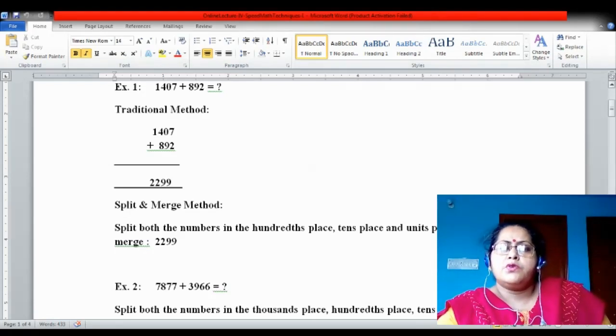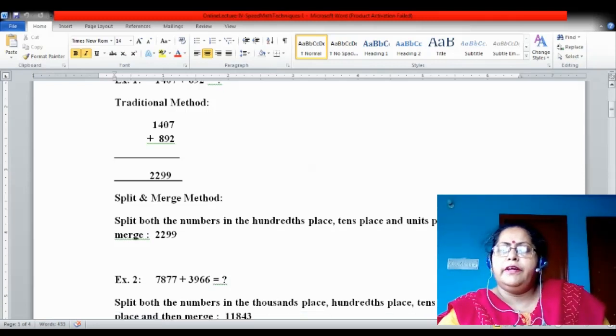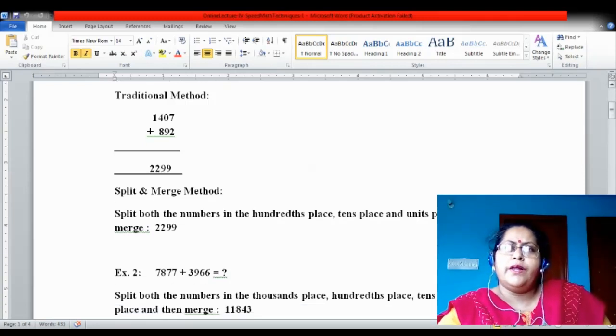So it's 11,830. And 7 plus 6 is 13. So 30 plus 13 is 43. So what's your total answer? 11,843. You can check with your calculator, you can check with your traditional method. This is the answer, 11,843.